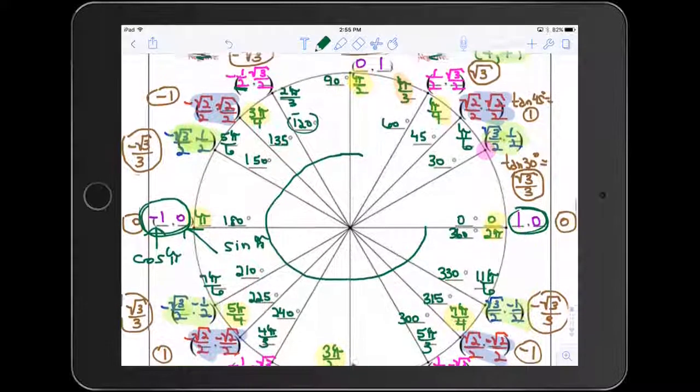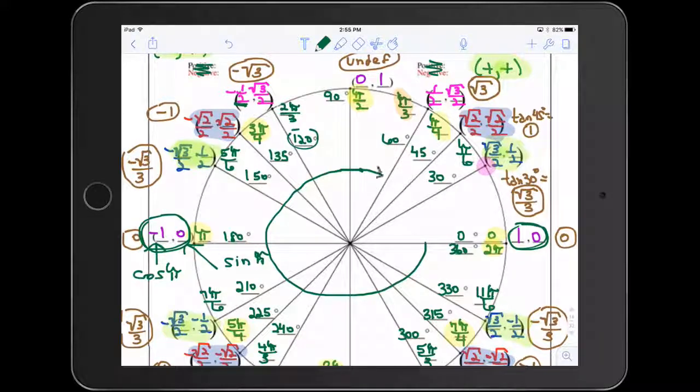There's 300 degrees. Notice positive 300 is over here. Negative 300 degrees is over here. Or you can think of it as 60 degrees. Think about our coterminals, right? And cosine, of course, is the x-coordinate, looking at this point right here, which is 1/2.